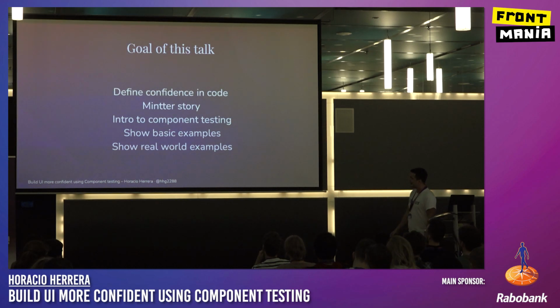Then I'm going to talk about a little story in Minter, which is kind of fun. And then let's go to the nitty-gritty stuff, which is the introduction to component testing, and show some basic examples. And then I'm going to show you how I'm actually doing it in real life in our application, in Minter.